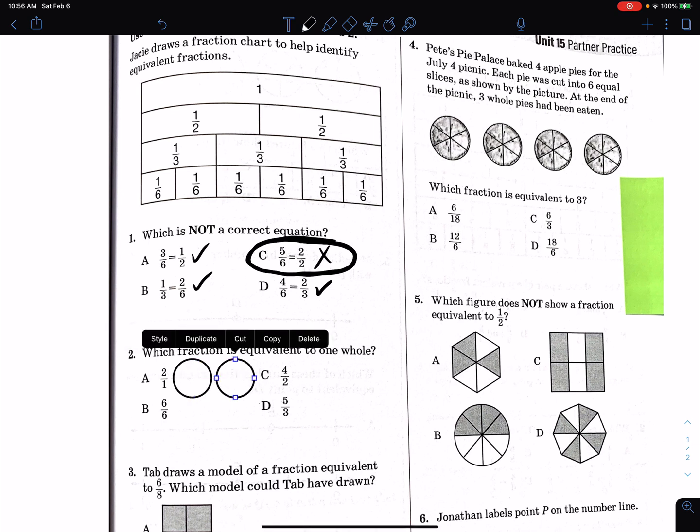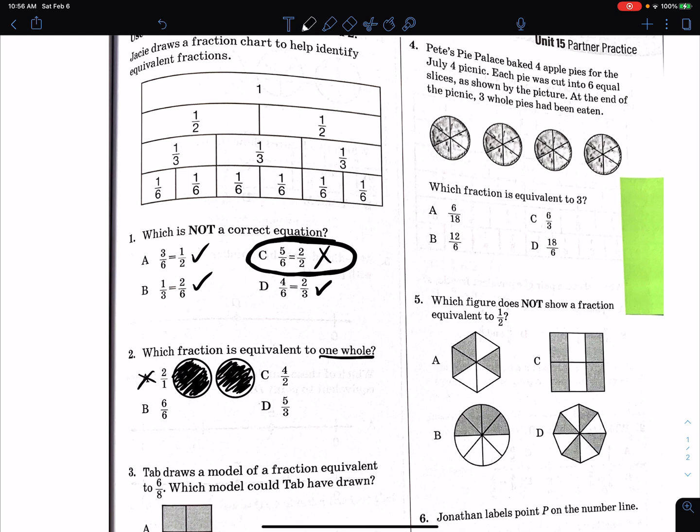All right. So I see that it's a whole circle, and I need to color in 2 of them. So I would color in this whole circle. And I would color in this whole circle. Well, I'm looking for 1 whole, so I know this one's not going to be correct.